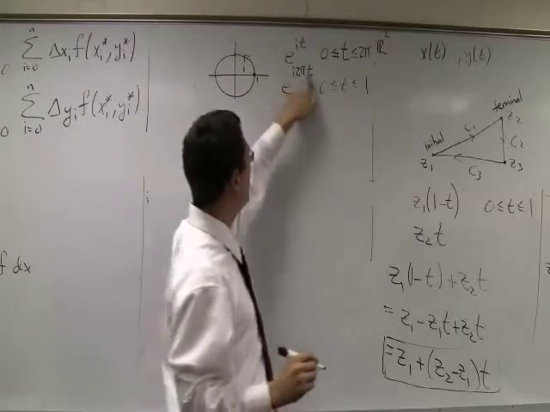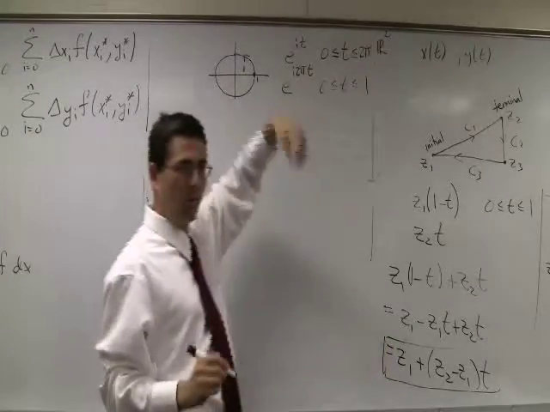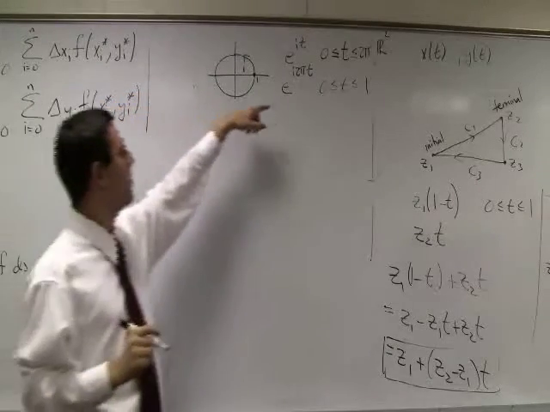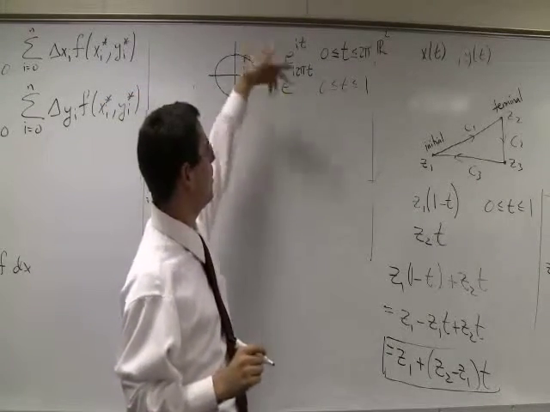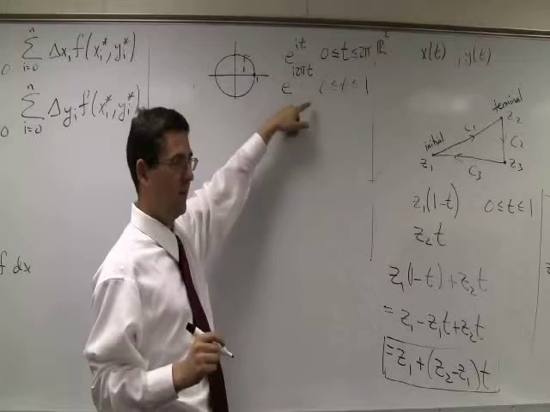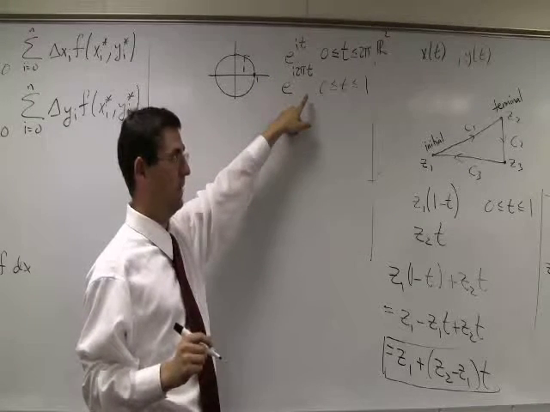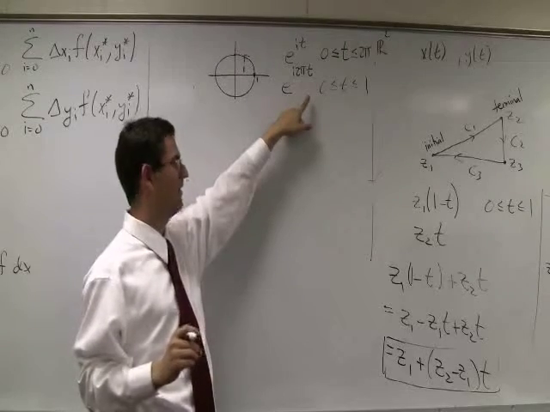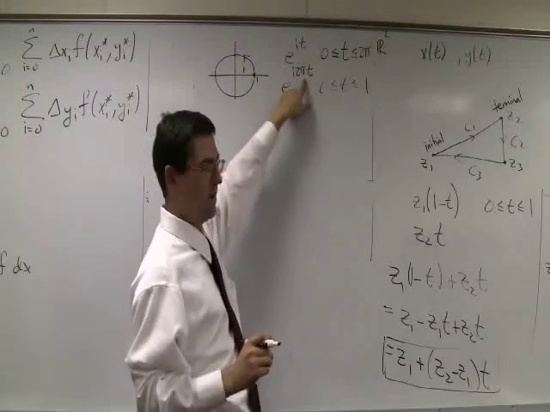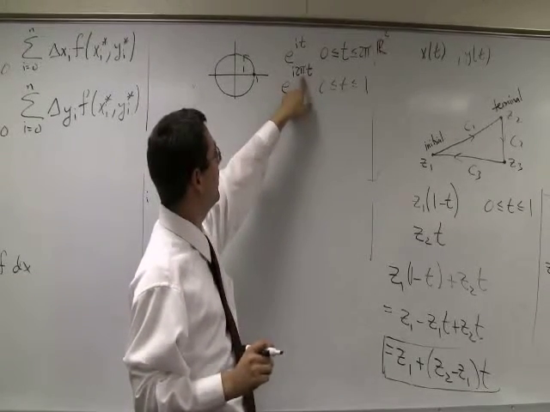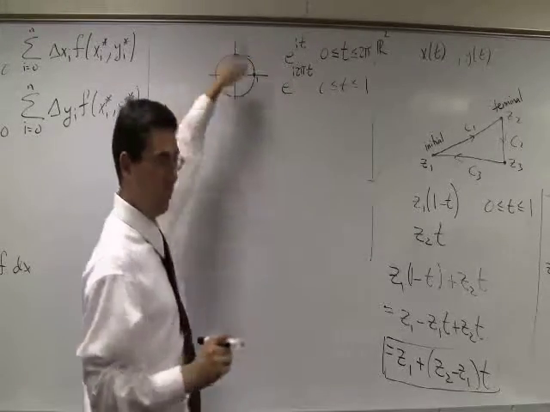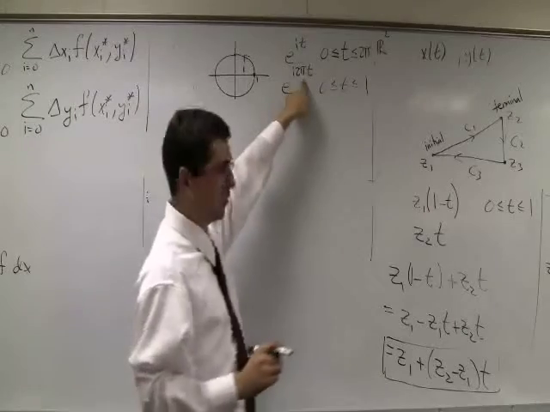And did you go around? You've got to make sure you didn't go around too much. For instance, what if I did e to the 4 pi t? Then you would actually go around a second time, assuming that this only took you around once.